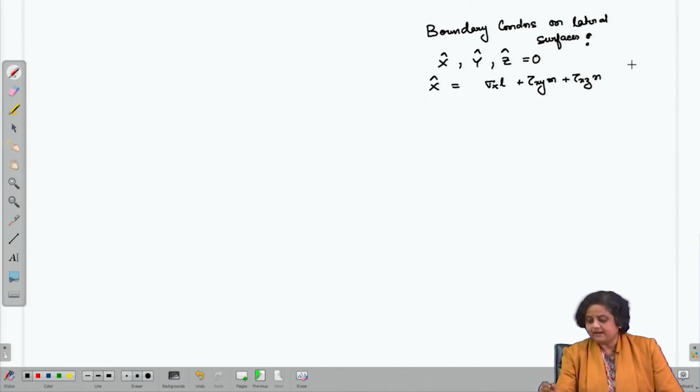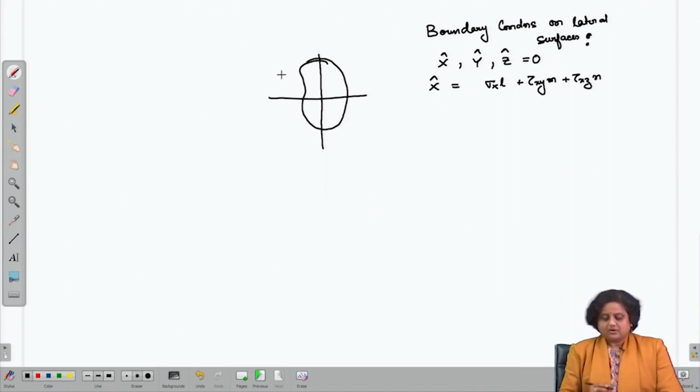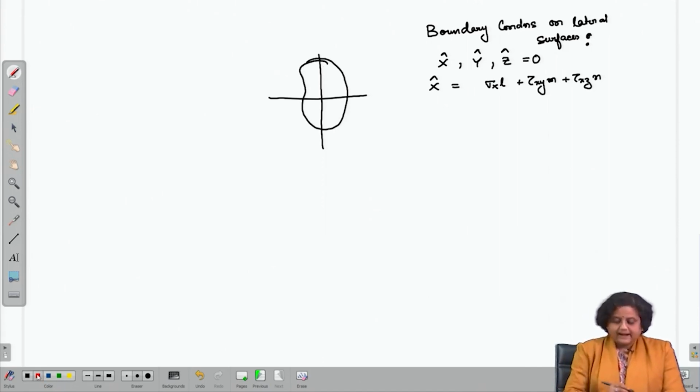Now, let us draw an arbitrary non-circular cross section shaft. On the lateral surface, at any arbitrary point, say this is the normal.